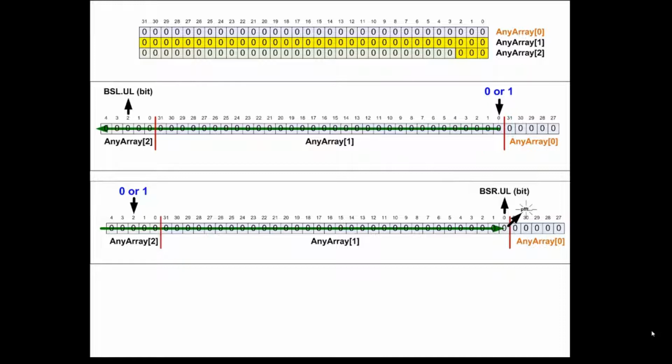However, if you make a length greater than 32, in this case it looks like we have 35. If we do a bit shift left, the most significant bit of this length is going to be bit 2 of array 2. Starting with bit 0 of array 1, that's the first bit.